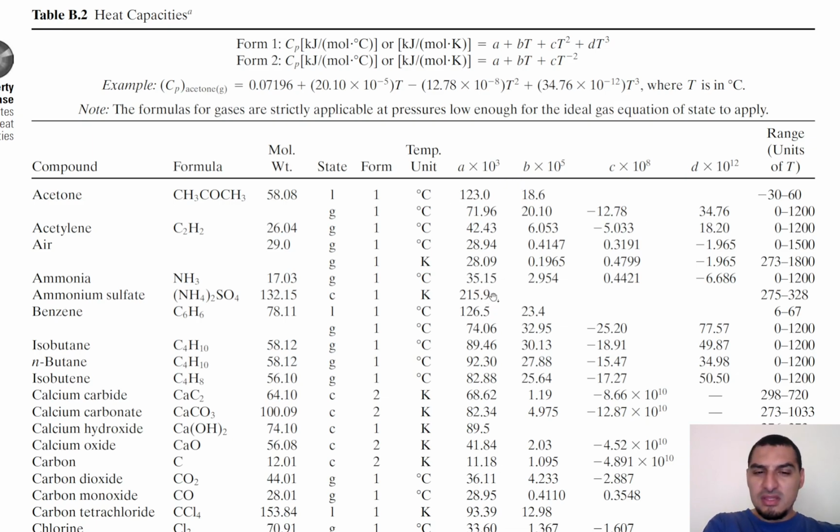This is the kind of trend that you would see. There are some exceptions, of course, but this is what you would notice in many cases. The liquids have fewer constants than the gases, and the solids have fewer constants than liquids. So if you have no numbers here, it means that C and D are zeros.